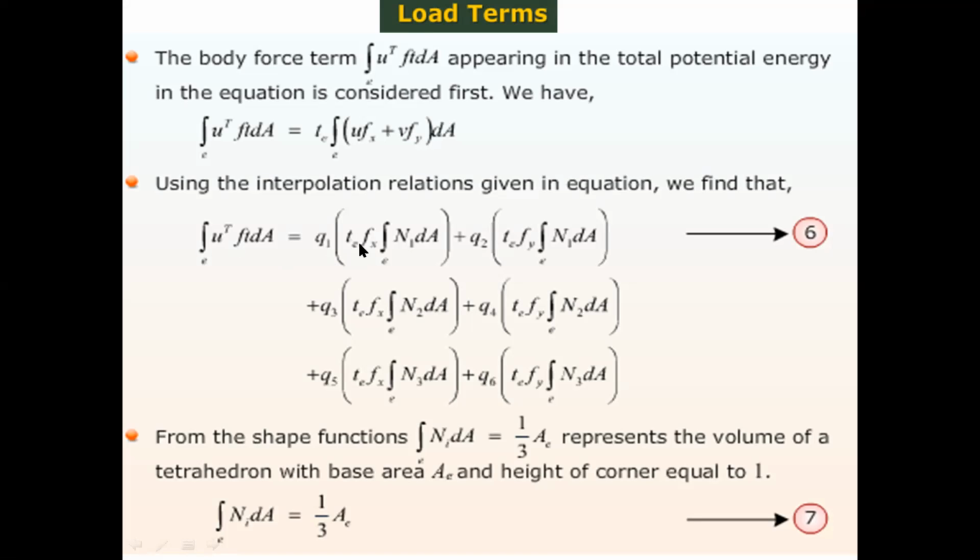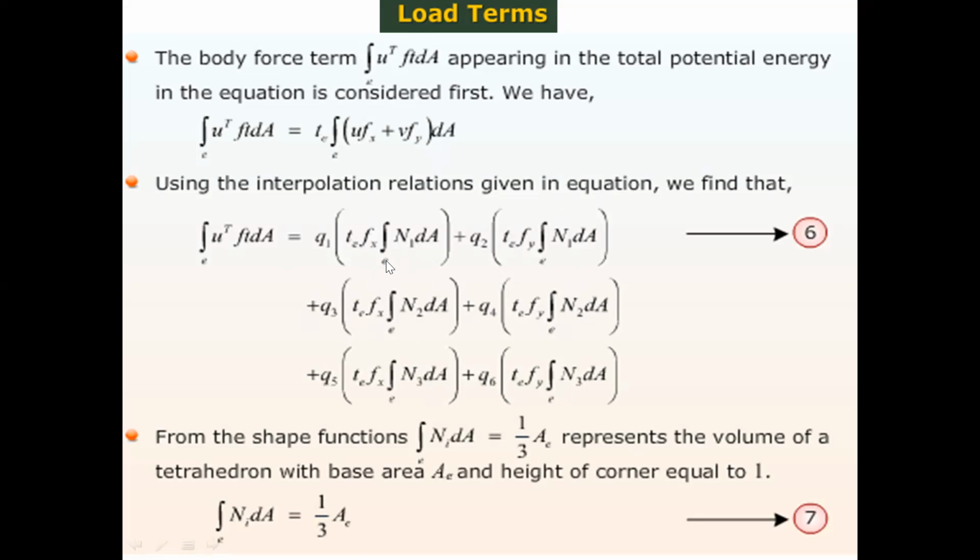Q1 into thickness taken out, and dA written inside, N1 dA, the thickness is outside the integral, and you have N1 dA, Q2. Here Fx force, here Fy force. Similarly Q3, Q1, Q3, Q5 with Fx components, and Q2, Q4, Q6 with Y components. So you have the horizontal components and the vertical body forces.